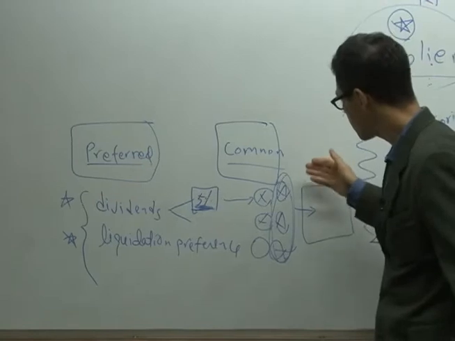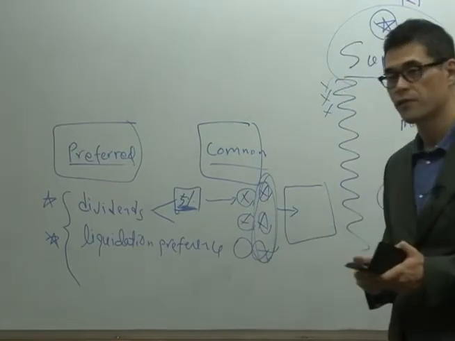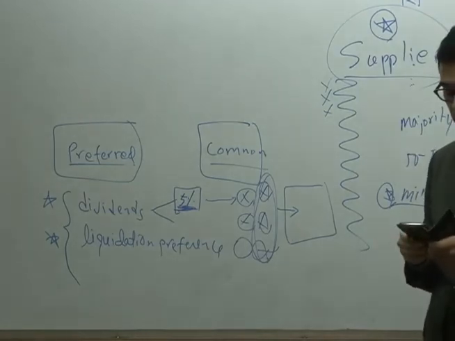If you say you have to pay all of these unpaid dividends first for the preferred shares, what kind of dividend structure is that?